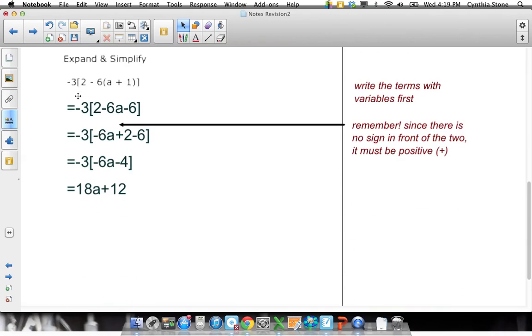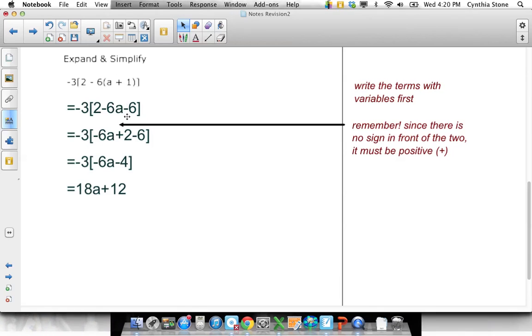Same idea, right? So I'm going to leave the minus 3 and the square brackets, not touching them, but I did right away apply the distributive property in here. So I've got minus 6 times a, which is minus 6a, minus 6 times plus 1 is minus 6, okay? I'm going to rewrite this same expression with the minus 6a out front. That's just proper form.